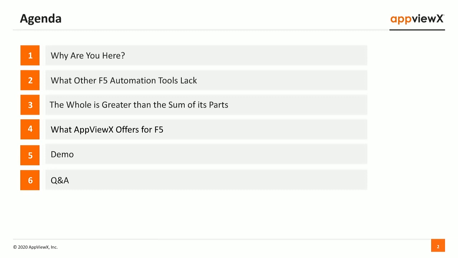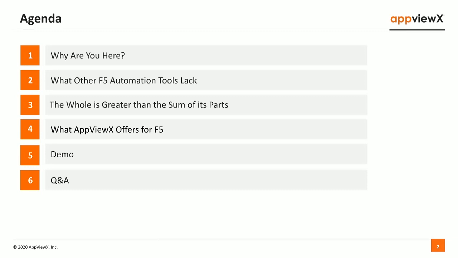First, we're going to look at why you are here. Why is there an interest when we say step up the automation game? Right? And then, what are other F5 automation deployments? Where are the gaps? We can touch upon it based on some of the surveys that we did, and some of the understanding that we have had.